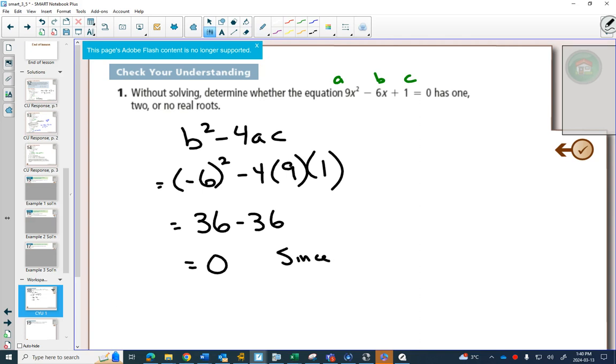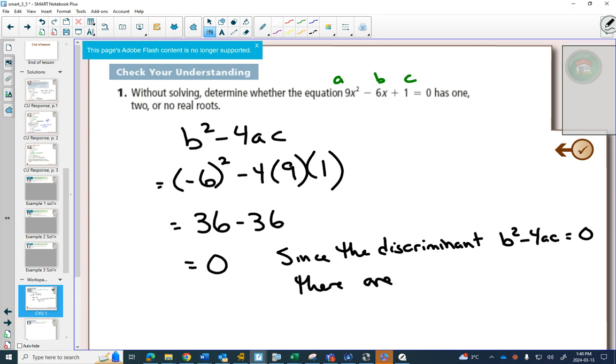And I can write, since the discriminant b squared minus 4ac equals 0, there is 1 root.